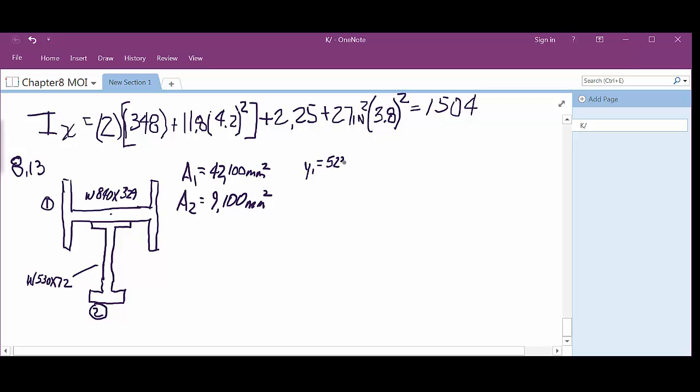So it's 523 millimeters plus half of this web thickness. The web thickness on that is 19.7, according to the book, for this W840 by 329. So that would be 19.7 divided by 2. That's where I screwed up. I forgot to divide by 2.